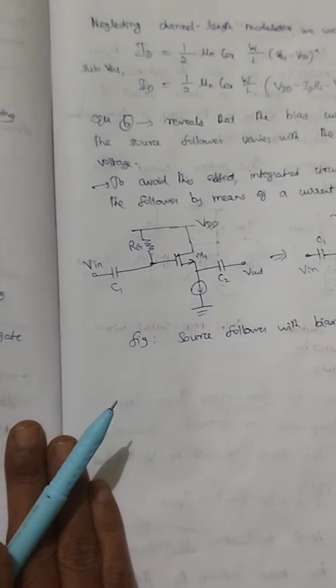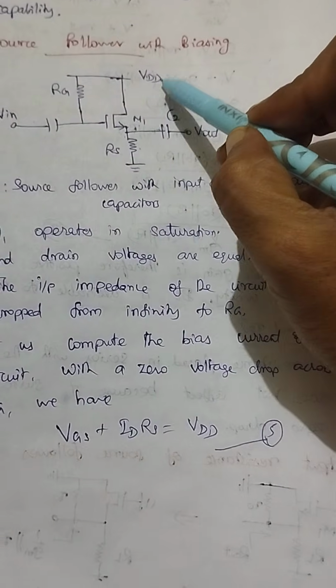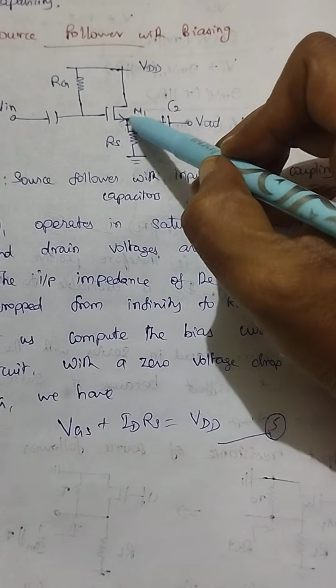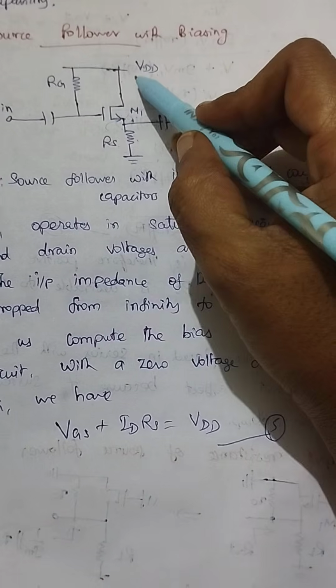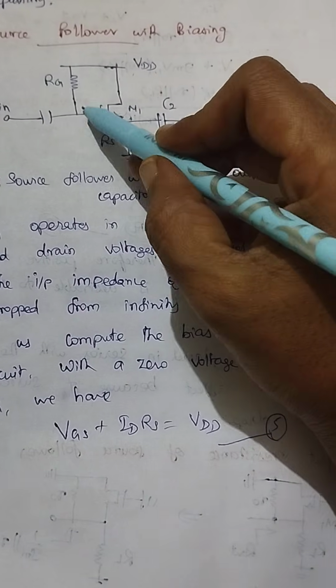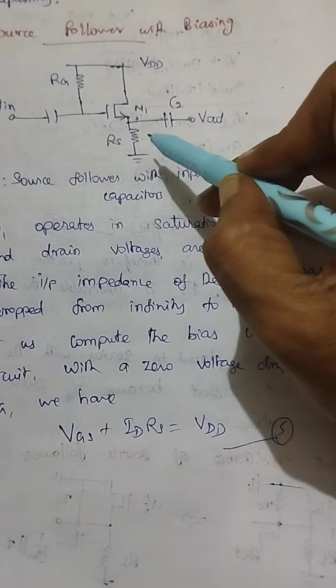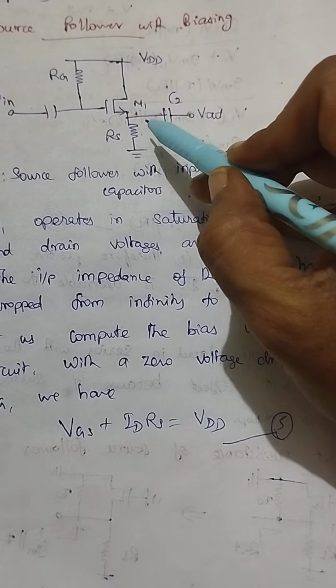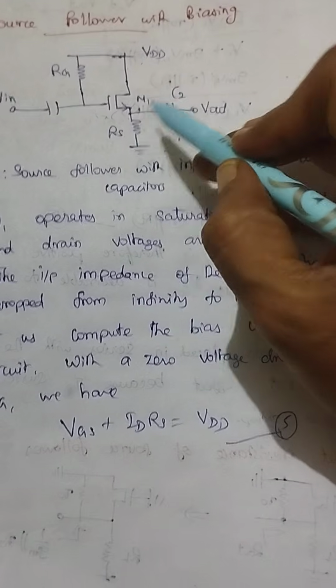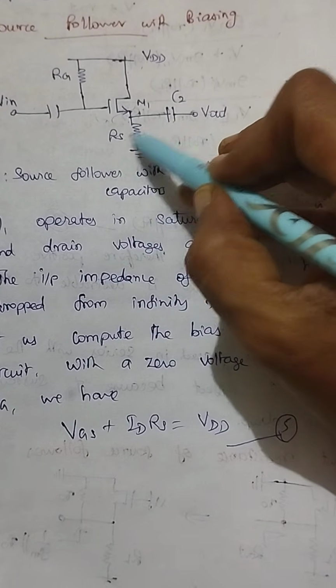Next we are going to find the bias current ID. For finding this ID, first we find VDD. Through this path, VDD equals the voltage between these two points, VGS, plus the voltage across this resistance, that is V equals I into R, so ID into RS. So VDD equals VGS plus ID into RS.